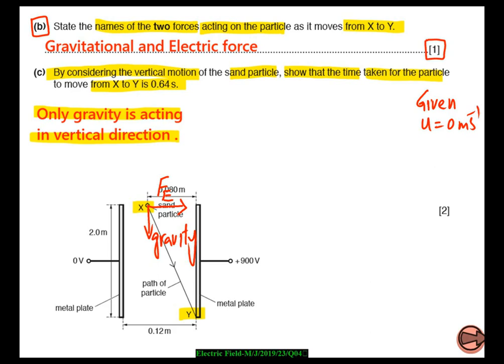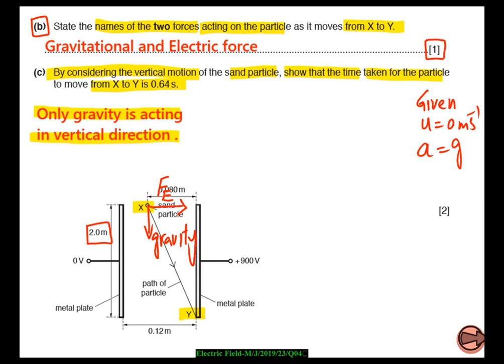There is no air resistance. Next, we can also find the vertical displacement as the particle moves from X to Y along the vertical. So s, the vertical displacement, is equal to 2.0 meters. What we need to find out is the time taken. So this is t.